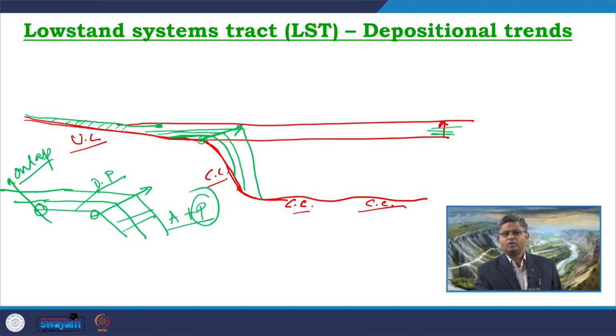So, now here we are getting a prominent delta plane forming again, which is aggrading, and a prominent delta front is also developing, which is prograding with a little bit of aggradation.